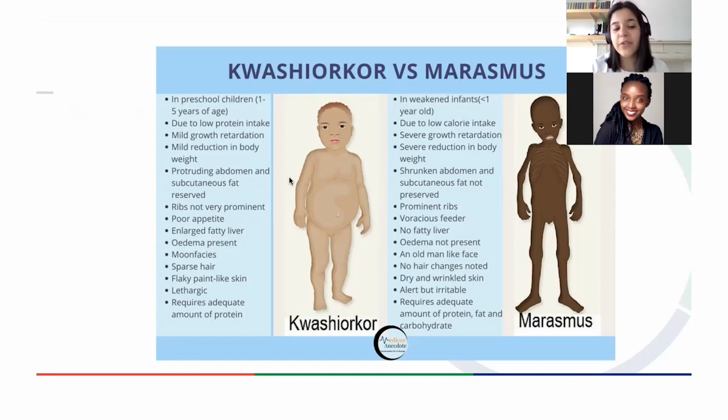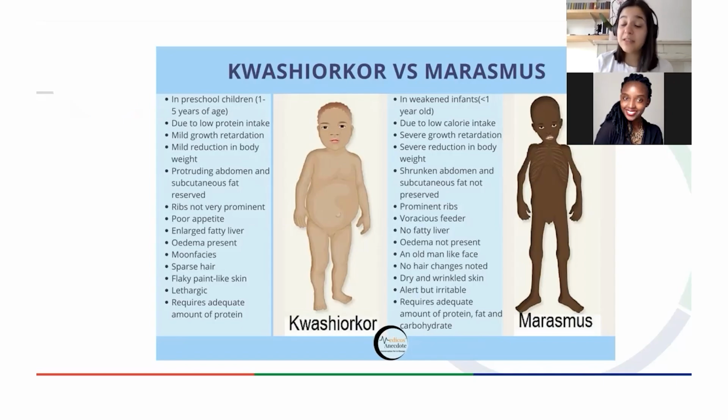They usually have an enlarged fatty liver. They have moon facies, which is when the face gets swollen, as if it had a chubby appearance, but it's not fat, it's the edema. And they become very lethargic, very slow in their movement and their actions because of the deficiency they have.